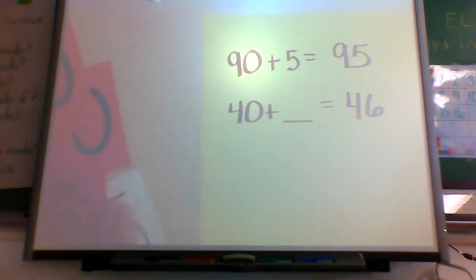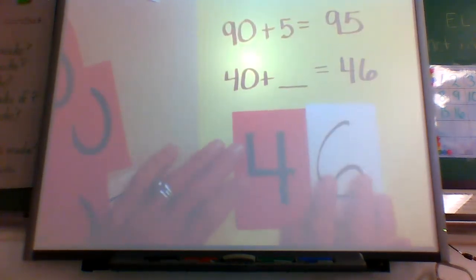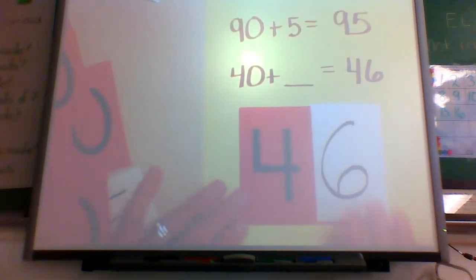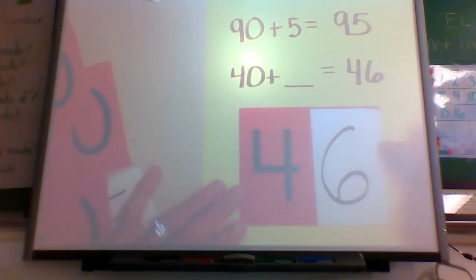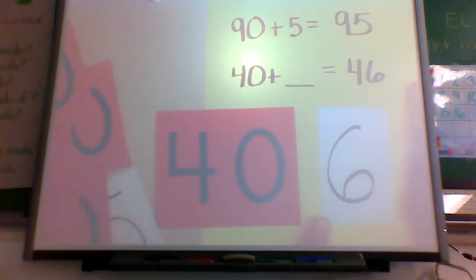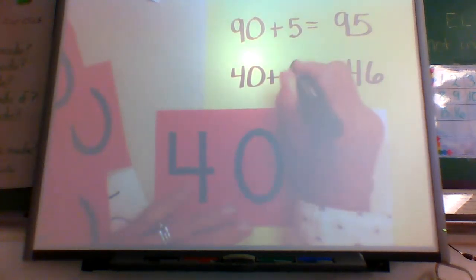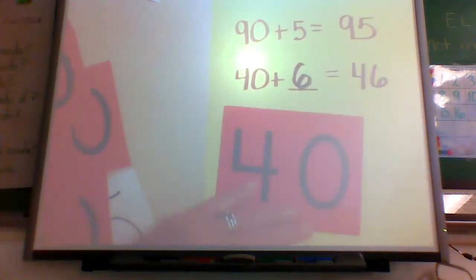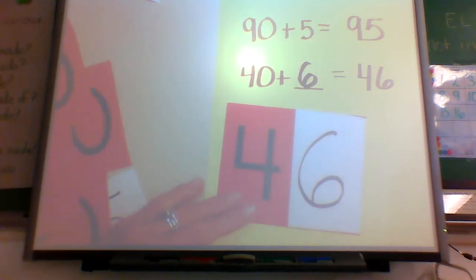So let's try that. That might not make much sense right there. I'm not sure it does. So here's my 46. This is the number I'm looking for. Here it is. There's the 40, and here's the 6. So 6 is the number that fits in that blank. Hide 0 cards. Hide 0. It's pretty cool.